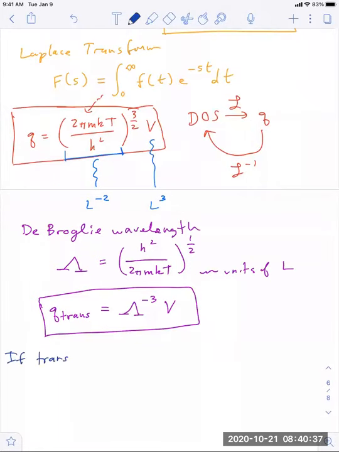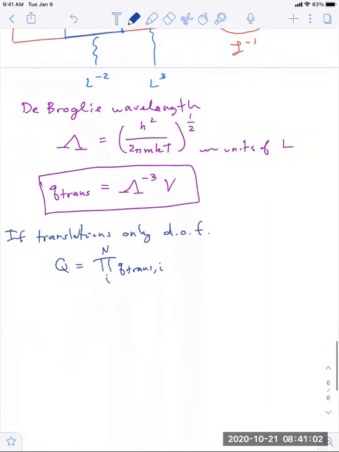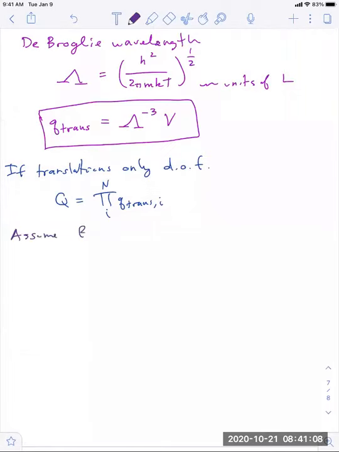So if translations are our only active degree of freedom, then our overall partition function is just the product of the translational partition functions for each of our particles, I. And if we assume we're in a Boltzmann regime, then we're assuming that the number of states is much greater than the number of particles.